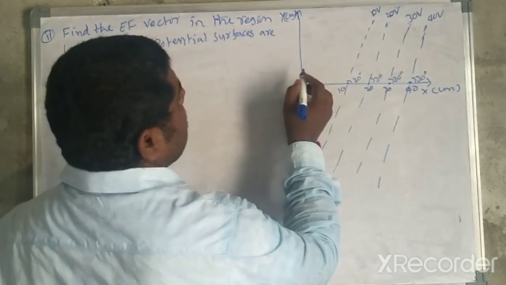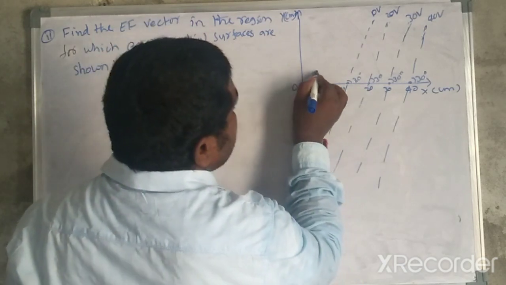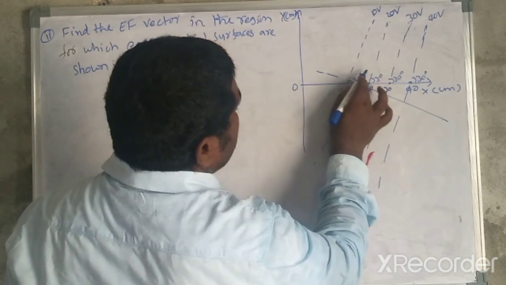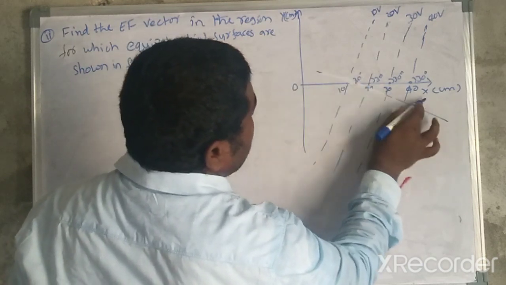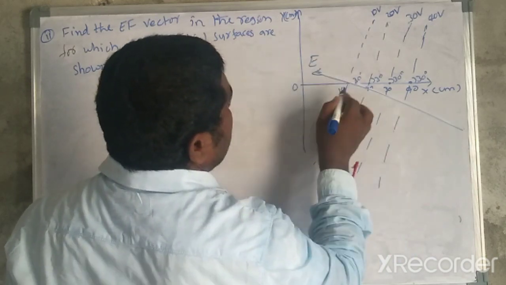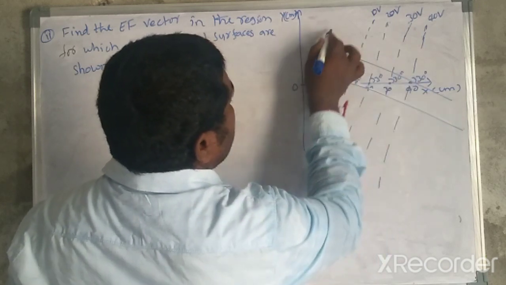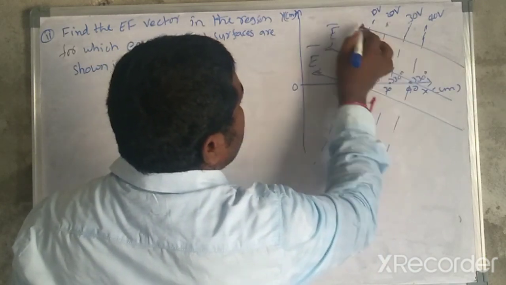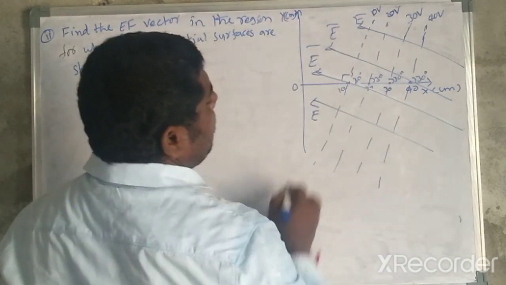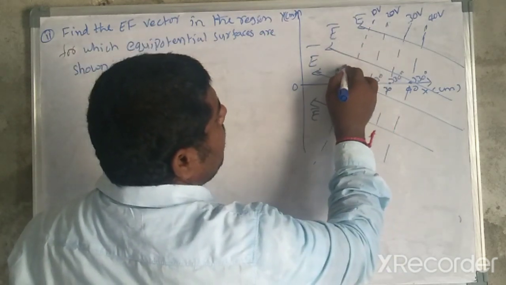This is the direction of the electric field in this region. The electric field and the equipotential surface must be at 90 degrees. This is a uniform electric field region.